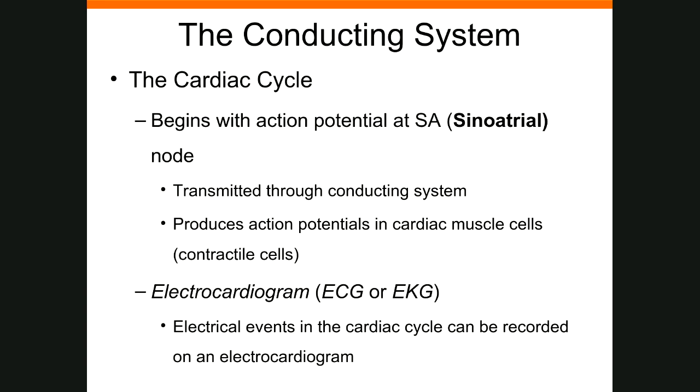The cardiac muscle begins with an impulse starting at the sinoatrial node that is transmitted through the conduction system, producing an action potential in cardiac muscle cells.